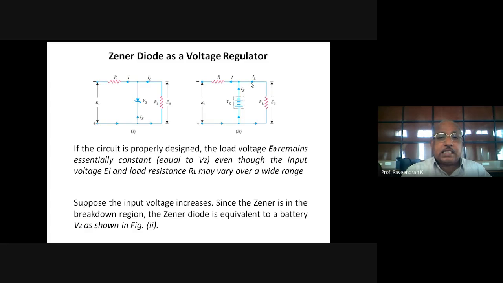This IL increase will cause an increase in I, isn't it? But what about IZ? Here there is a tendency to increase I, but you have to see that I cannot be changed.